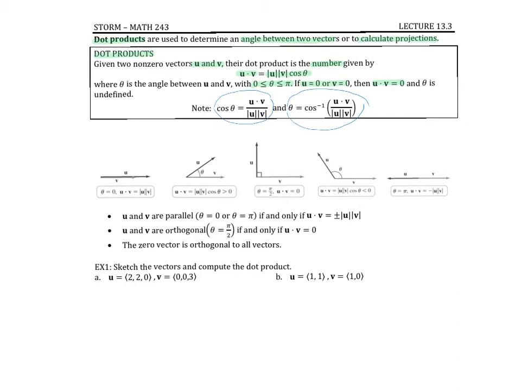In this first diagram, let's say we have some vector u, and then we have a vector v that's going in the same direction, and they have the same tail. So the angle between these two is going to be 0. Also notice that these vectors are parallel.